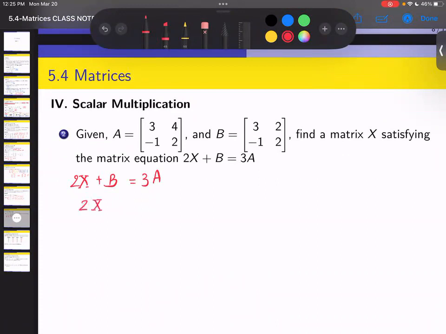Two X equal 3A minus B. So far so good, just subtracting B from both sides.